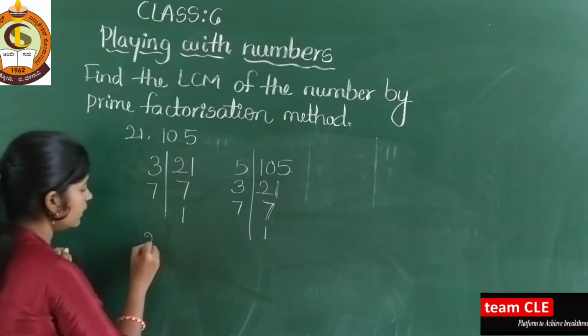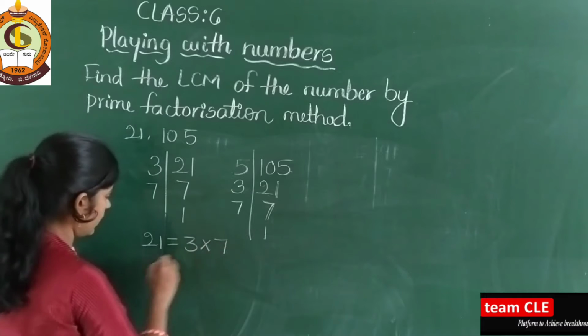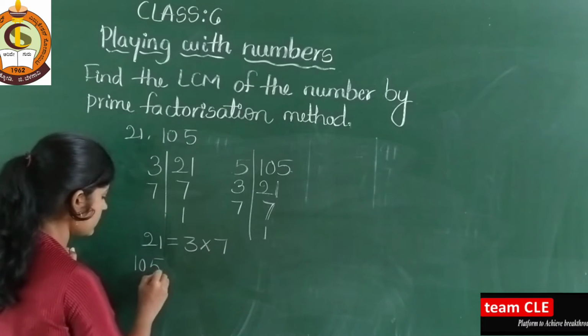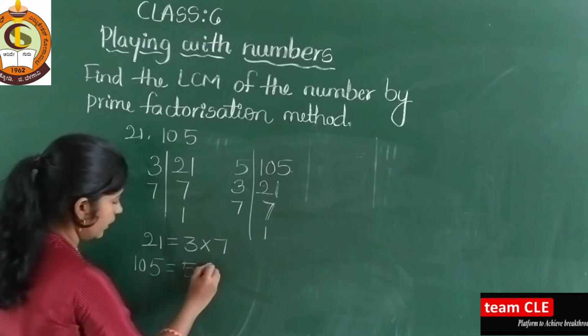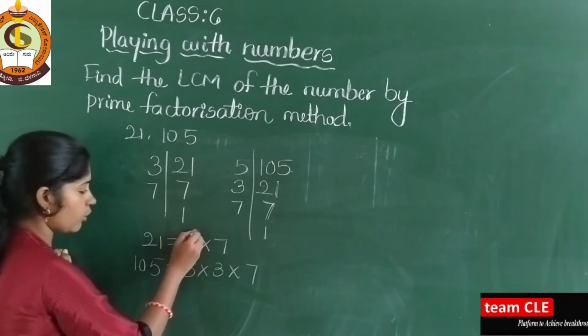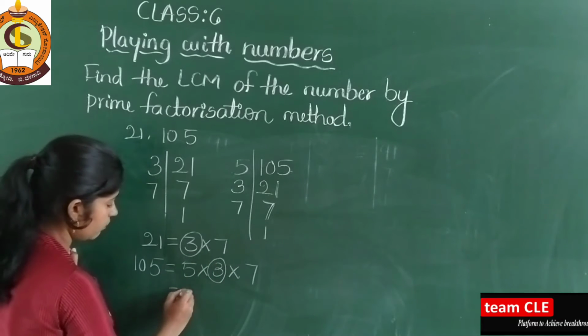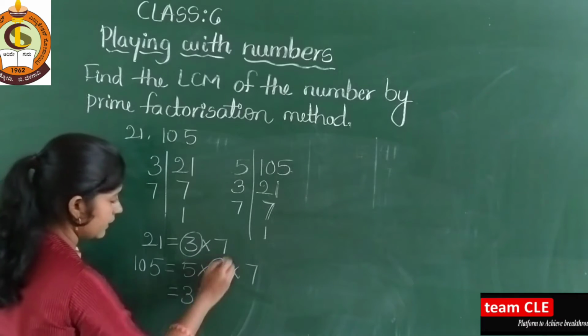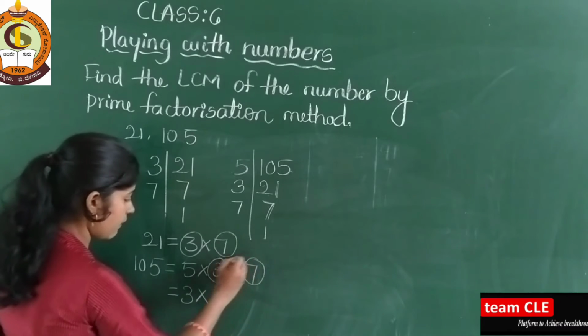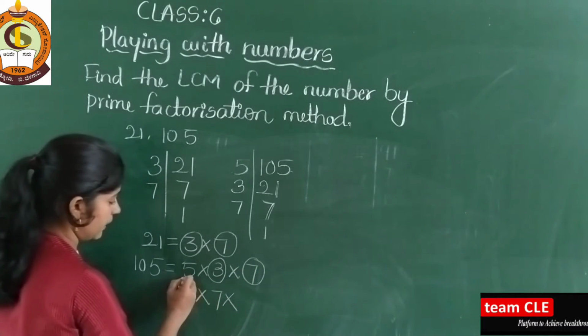So 21 is equal to 3 into 7 and 105 is equal to 5 into 3 into 7. Just circle the common terms: 3, but you need to take it only one time. Next, common 7, but you need to take only one time. Next, which one remains? 5.